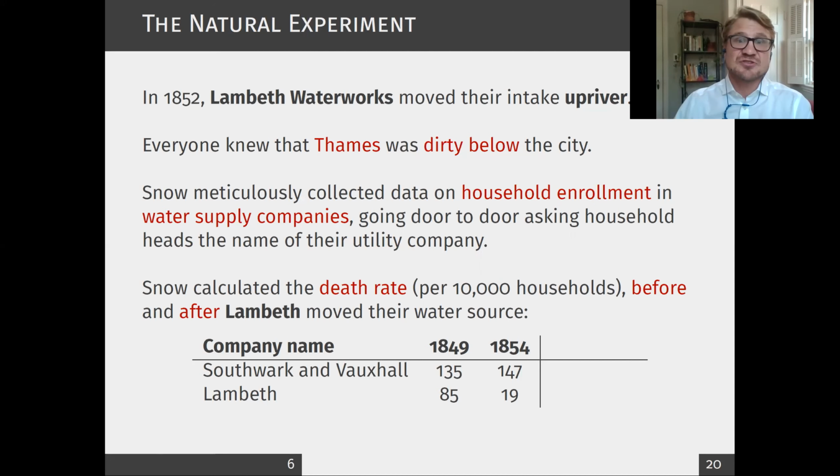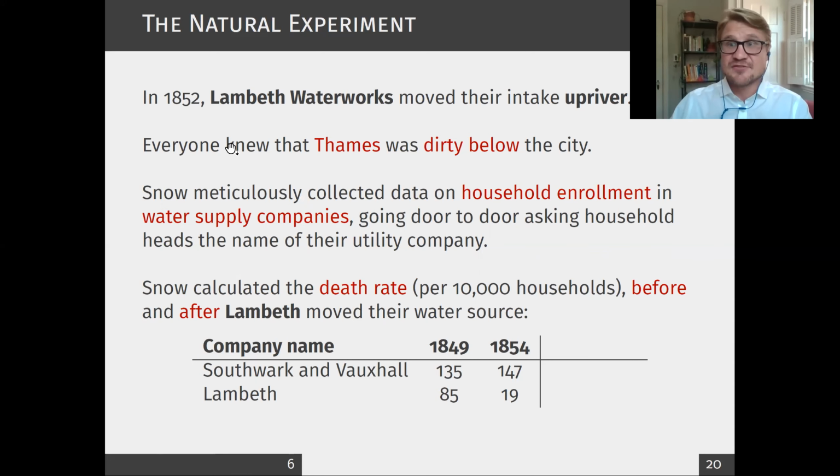This natural experiment was when Lambeth, prior to the outbreak of the second cholera epidemic, moved their water intake upriver. This means that the water they gave to the London inhabitants did not come from the disgusting water that already received all the rubbish from the London city dwellers, but it got clean water from upriver, right?